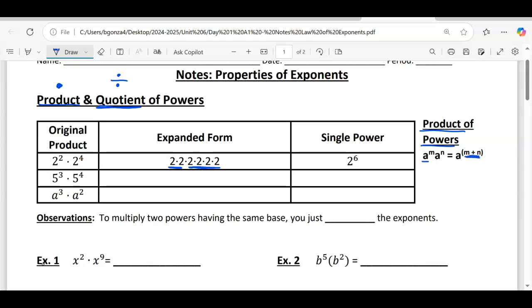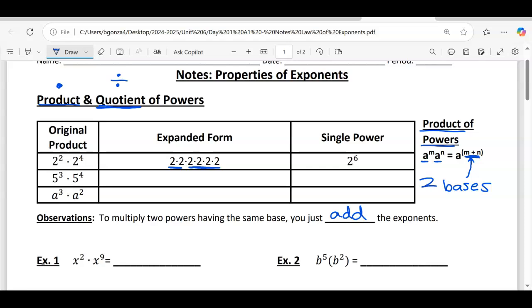When you have 2 bases that are the same and multiplying, you're going to add the exponents. You can fill in that blank already. When you're multiplying 2 bases that are the same, you add the exponents, okay?